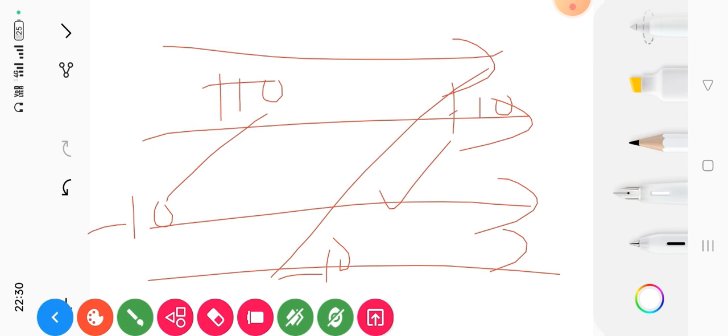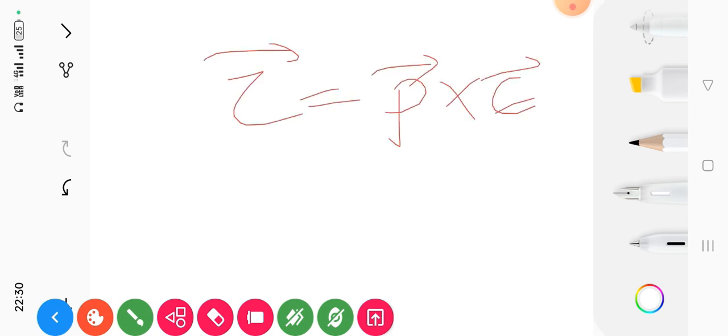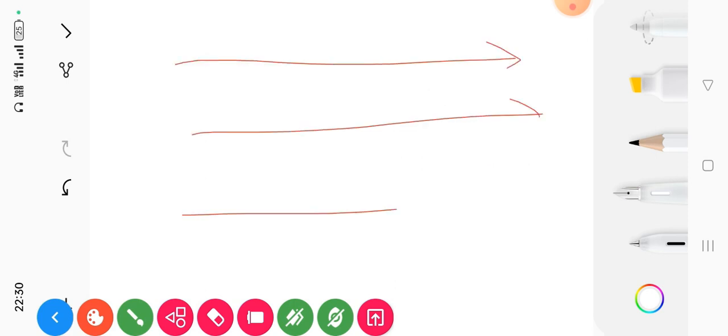So coming back to the formula that we had devised, torque is P cross E, or magnitude-wise it will be P E sine theta. Now theta can be different in different cases. The dipole is arranged like this, the electric field is there, and just remember the dipole moment is from negative charge to positive charge.